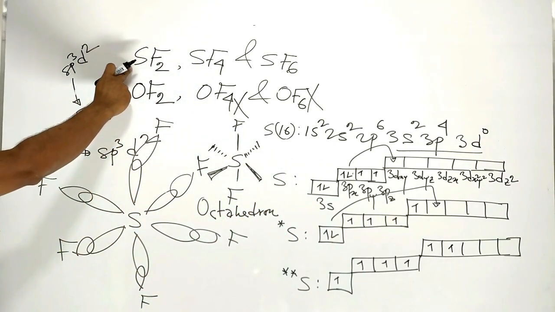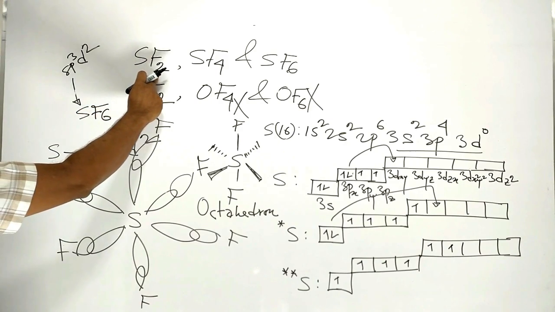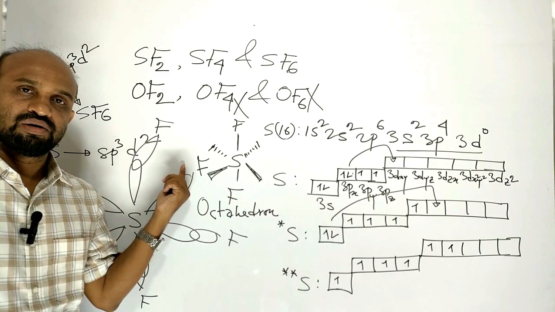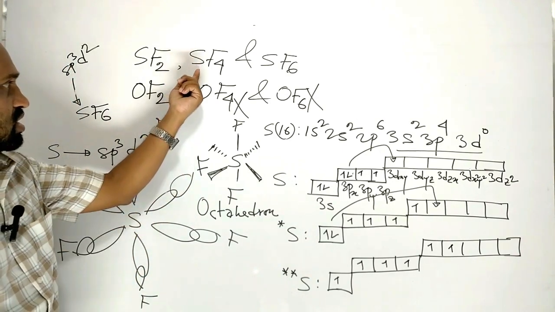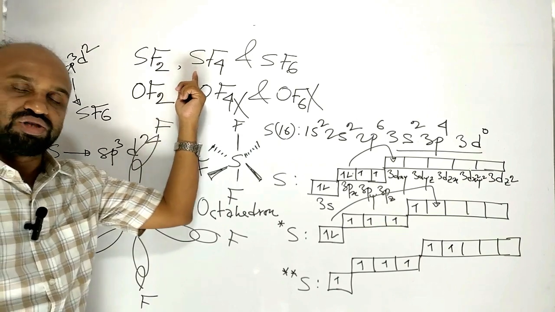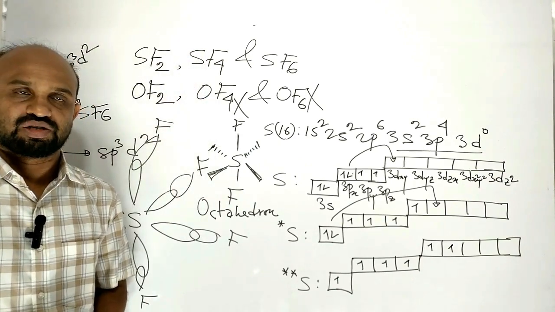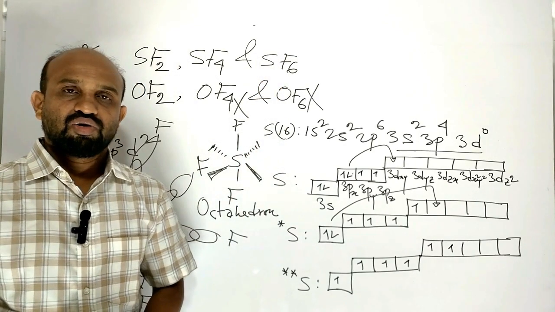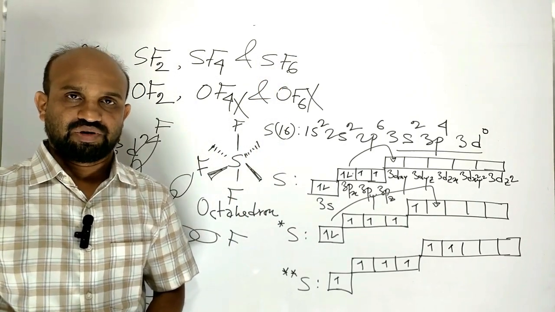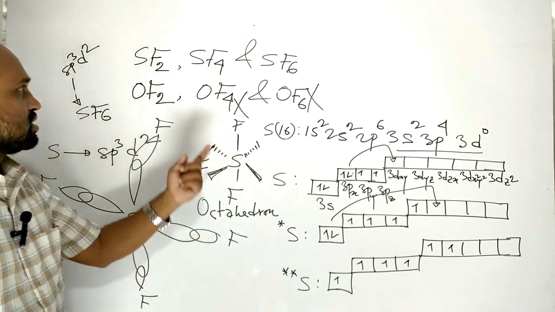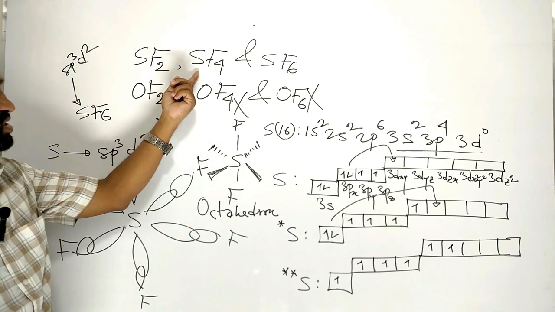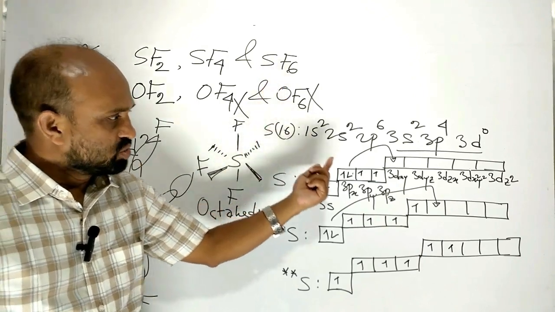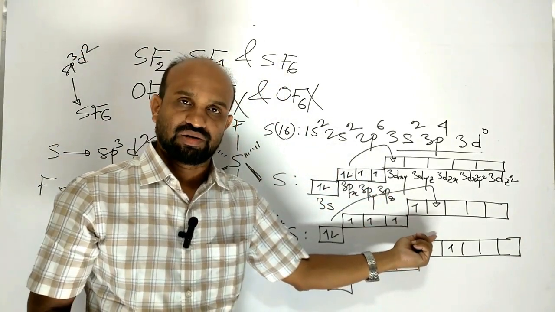Now we see that sulfur difluoride is bend shaped, then sulfur tetrafluoride is trigonal bipyramidal shaped, and sulfur hexafluoride is octahedron in shape. Sulfur tetrafluoride and sulfur hexafluoride are formed due to the presence of vacant d orbitals.